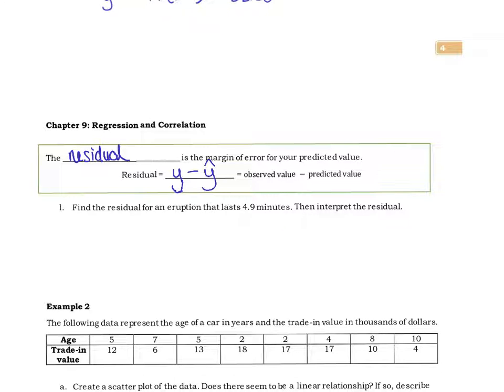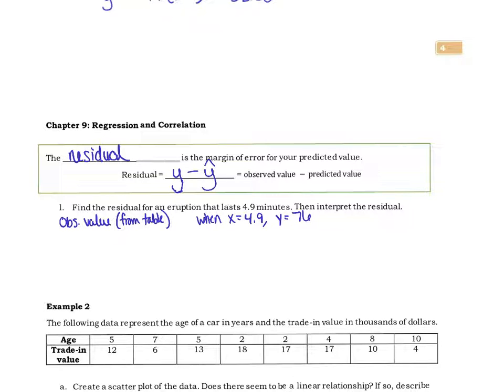Okay, so what we need to do is go back and get the observed value. That goes all the way back to page 1 from the table. If you go 10 data values down, you will see when X is 4.9, Y was 76 minutes.